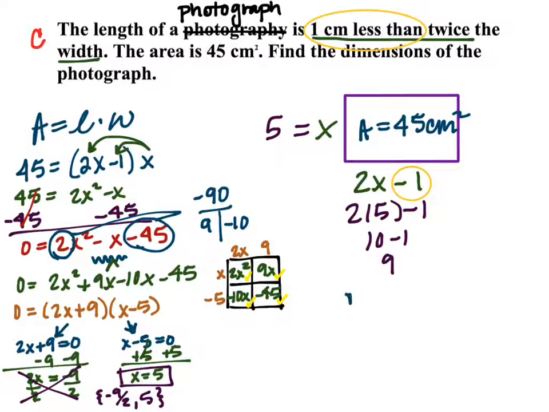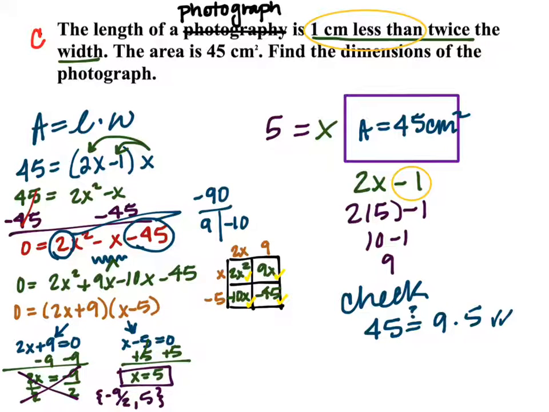If that's what I'm working with, I am going to check that if I multiply 9 times 5, I'm hoping to see that it provides me with the solution. And in fact, it does check out. Because if I multiply 9 times 5, I get 45.